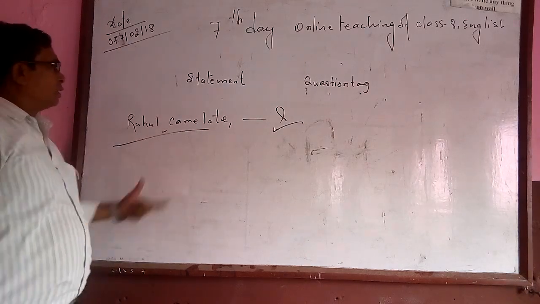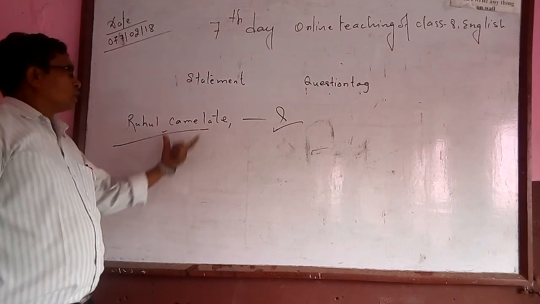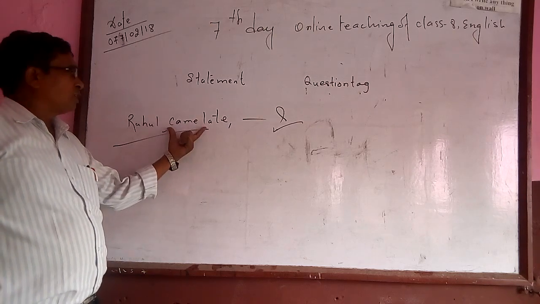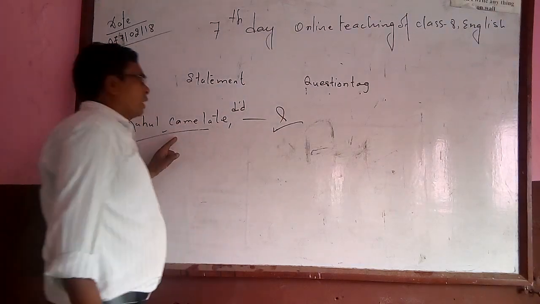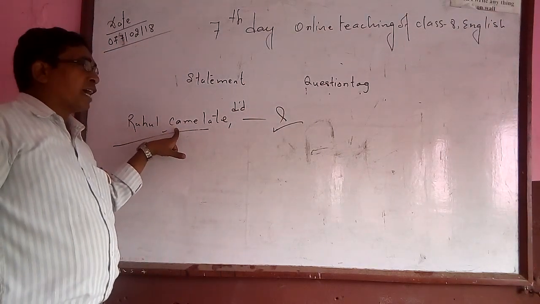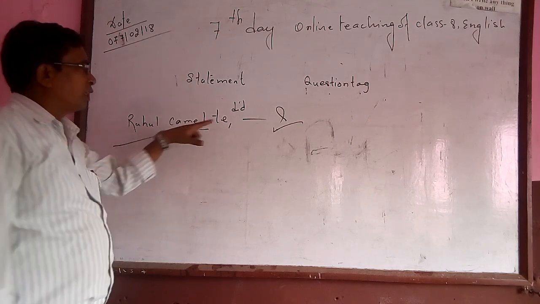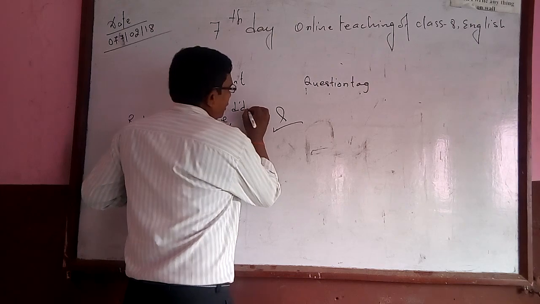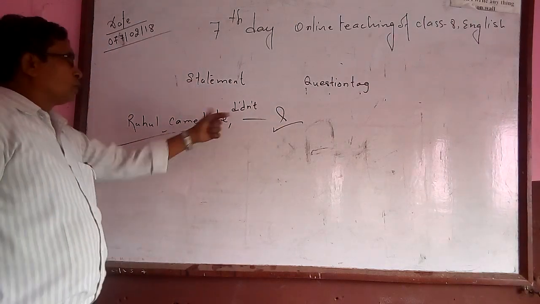As you watch here, came means V2; no helping verb, no V1, no V5. So if there is a V2 in the statement, then you write first did. And then you watch whether it is negative or positive. Then you can see it is the positive one. That's why you write not: didn't.